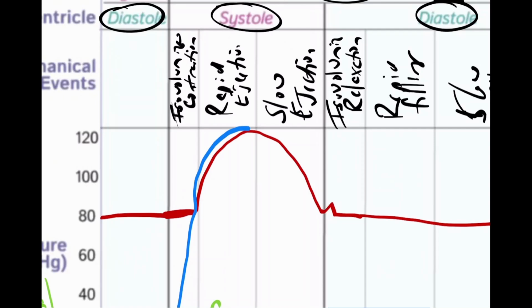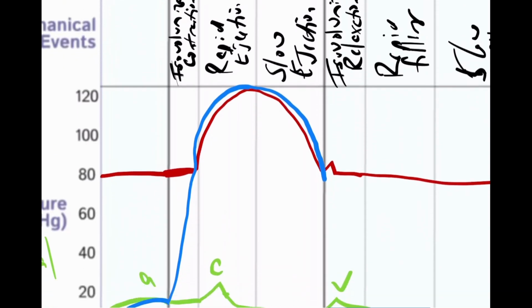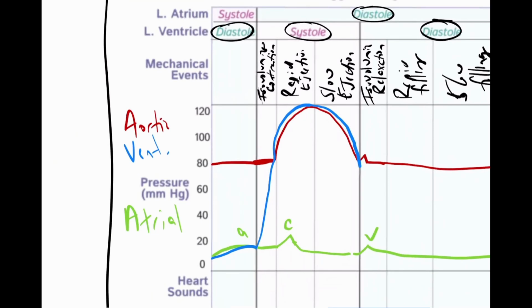Then, as the pressure comes back down, eventually it's going to go lower than the aortic pressure. When we go lower than the aortic pressure, the aortic valve now closes. And now we have isovolumic relaxation.